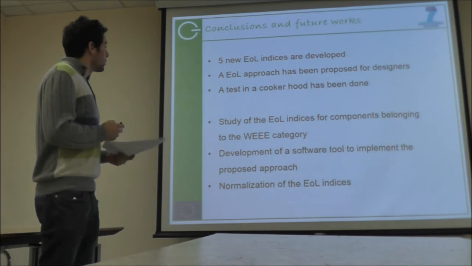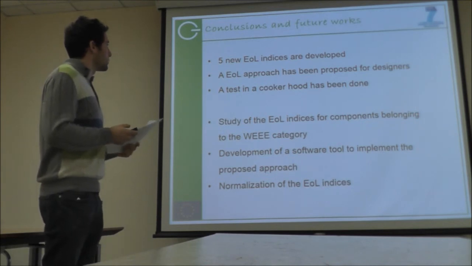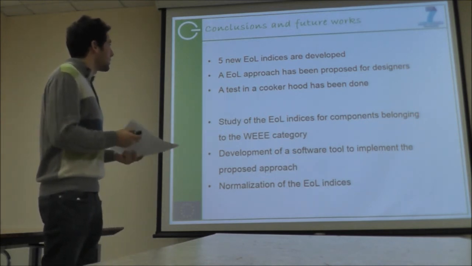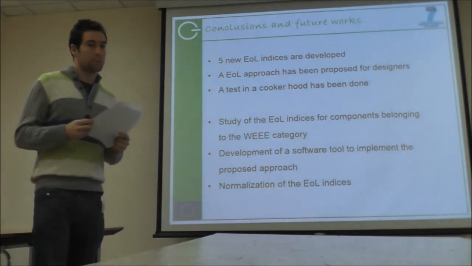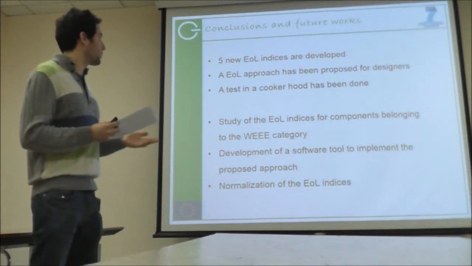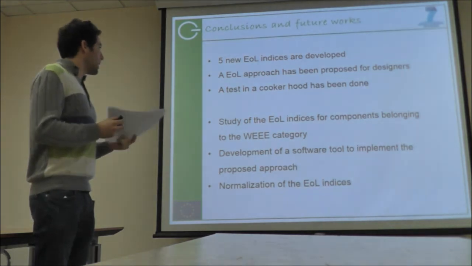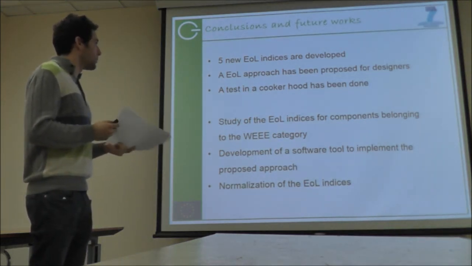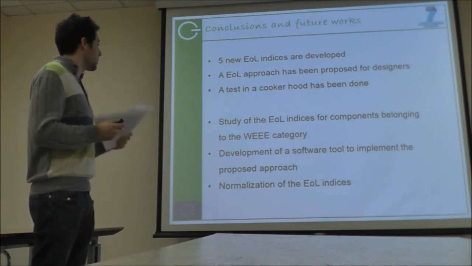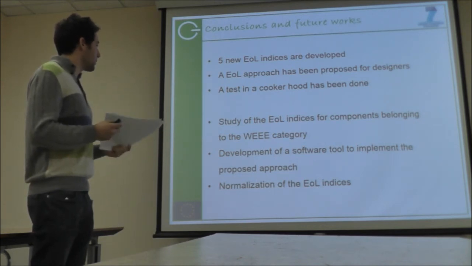In conclusion, we developed 5 new indices, and we developed also a methodology to implement those indices, and we tested the methodology and the indices with a cooker hood. And the study of end-of-life indices for components belongs to the WEEE category.